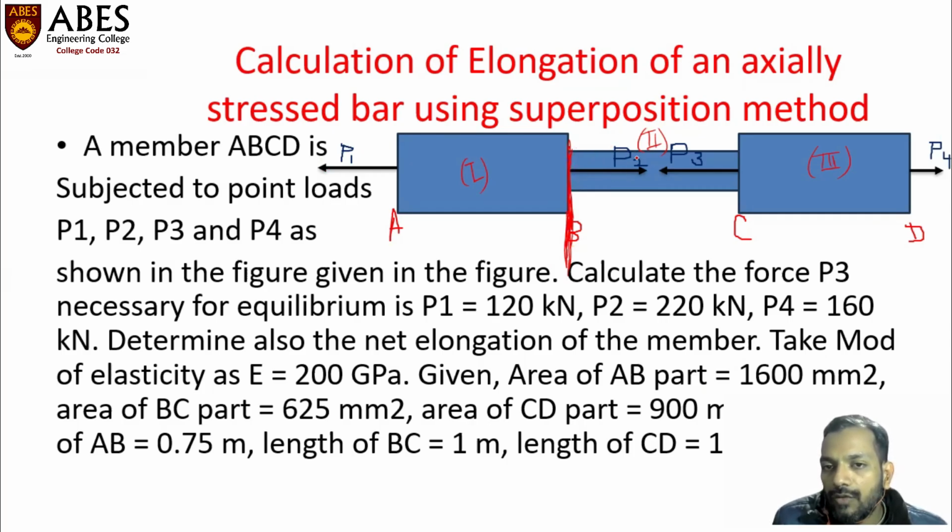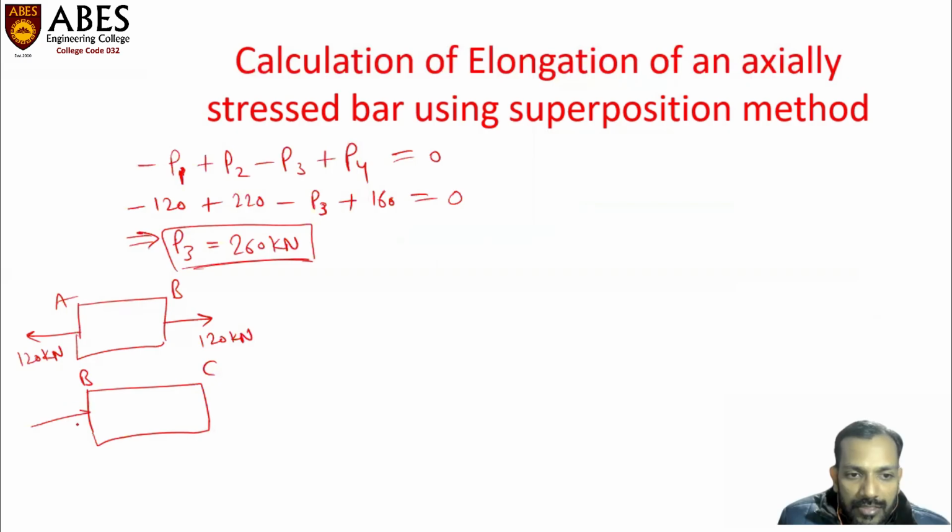Let's add up these two values as per their directions. So P1 is acting to the left. Let's take it negative. P1 is minus 120 and P2 is 220. So the addition of these two will give you the value of 100 to the right hand side. So this force is 100 kilonewton to the right hand side.